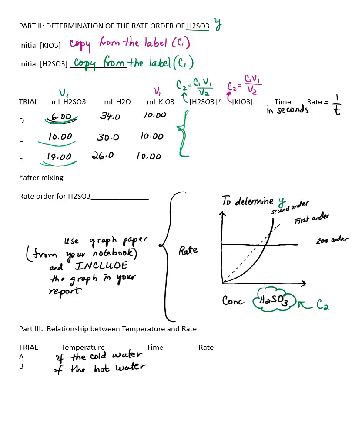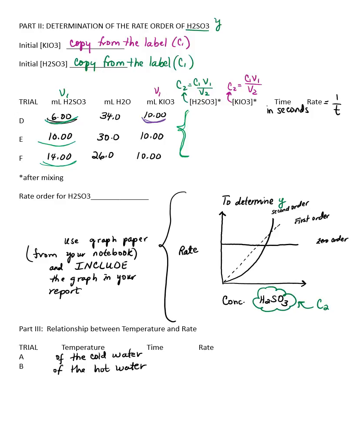And now you're calculating the concentration for the potassium iodide in the same way. You're using your dilution equation, you're solving for C2. C1, you copy that number from the label. V1 is what you have in the table. So for your first sample, V1 is 10 milliliters, your V2 is going to be 50 milliliters.